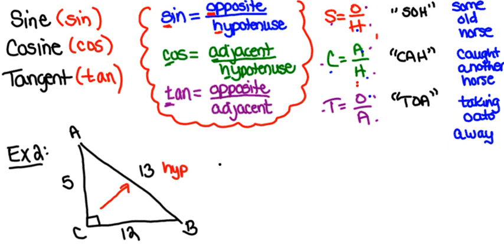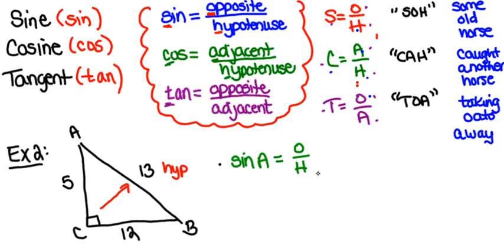For this triangle, I want to now find the sine of angle A. Remember that sine is the comparison between the opposite and the hypotenuse. So the sine of angle A is going to be the length of the side opposite angle A over the hypotenuse.